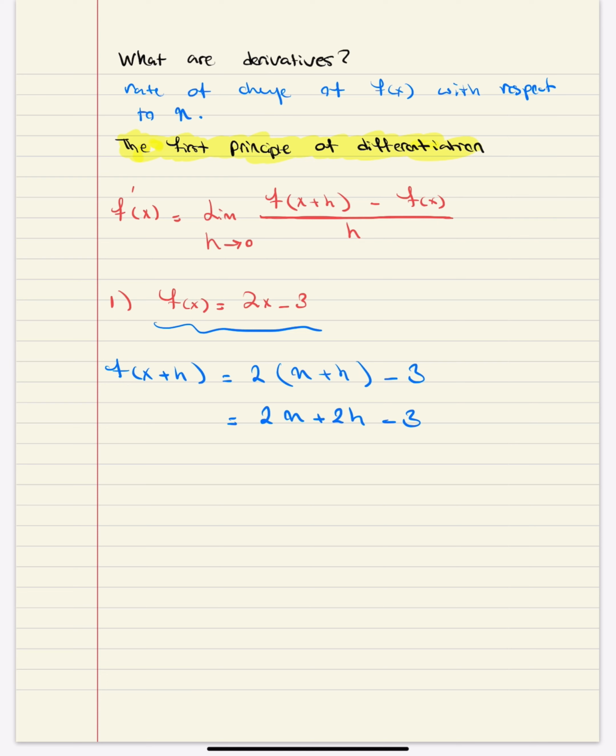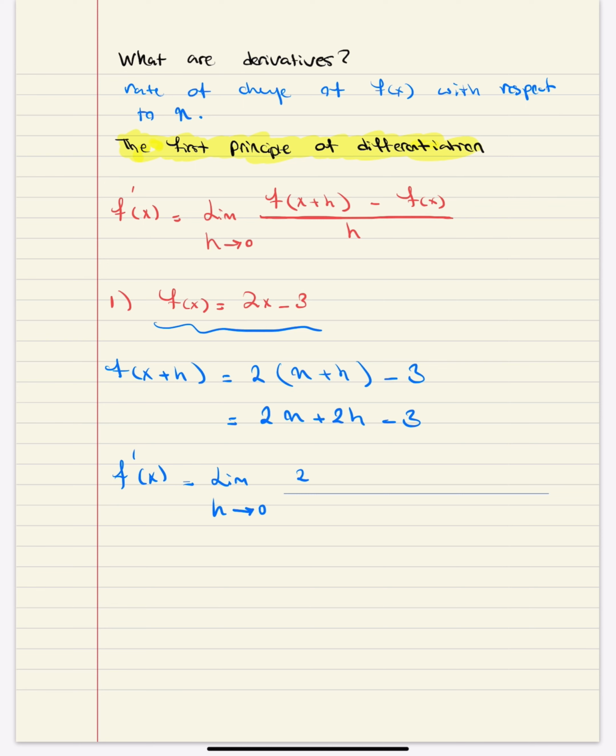Now, to find the first order derivative, we would simply have the limit as h approaches 0. And now that we have f of x plus h, we write this expression in our numerator.